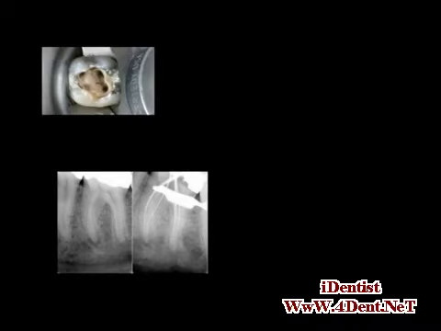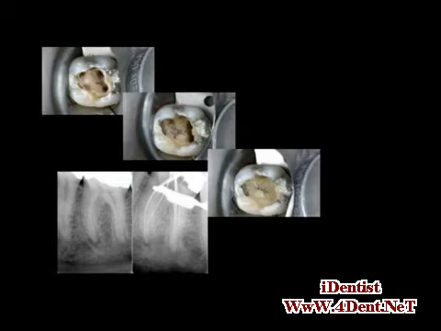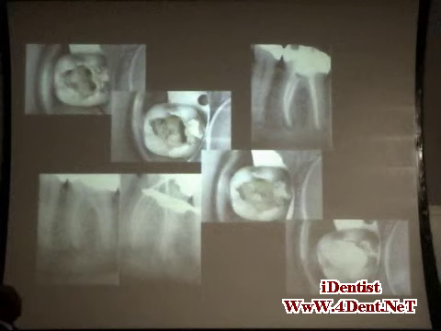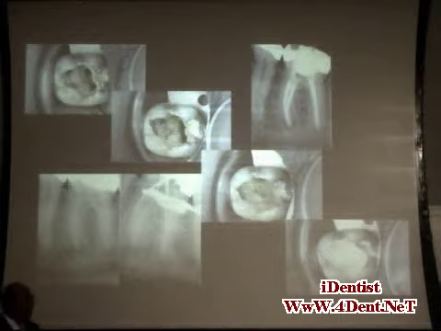This is what it looks like with the excess sealer removed, and the placement of an intraorifice barrier and an IRM cotton pellet. And we can see the root canal filling material, the placement of the intraorifice barrier, and the cotton pellet and IRM sent back to the restorative dentist.